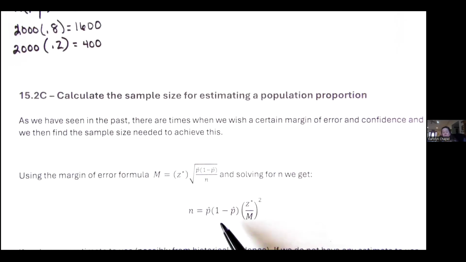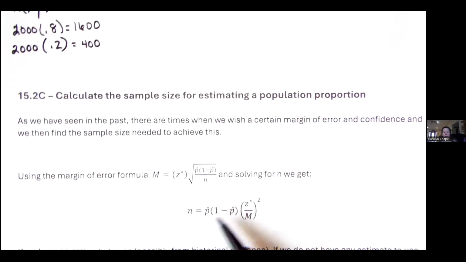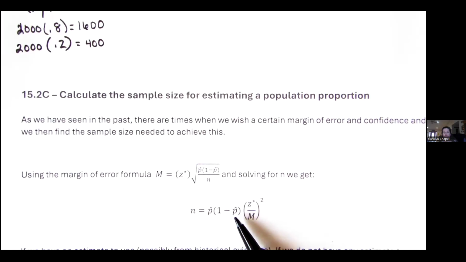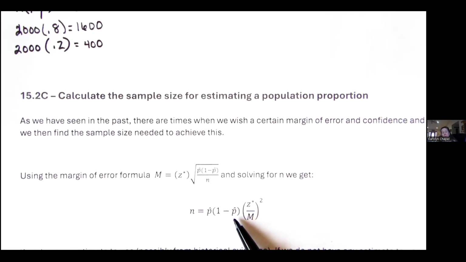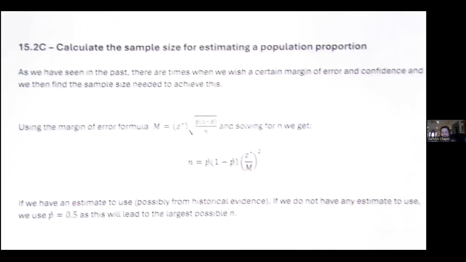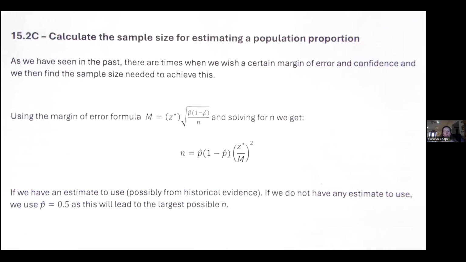The issue may be in whether or not we have a p hat. Because if this is some brand new experiment, we may not have p hats. Sometimes we can use old information as historical evidence to use as a p. However, we have done some calculus on this little formula.